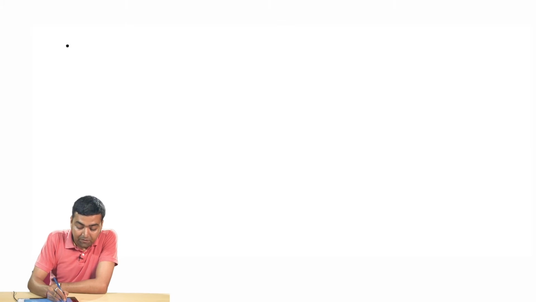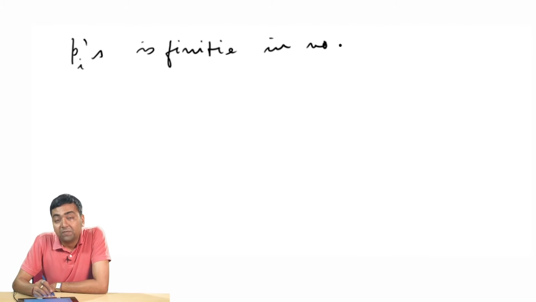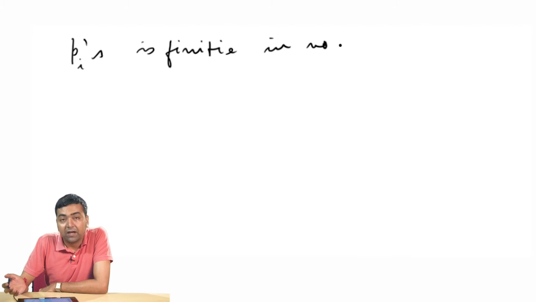However, our p i's are now finite in number, so the basis in which I am expanding my wave function is a finite basis. So, it does not span the complete infinitely large Hilbert space.